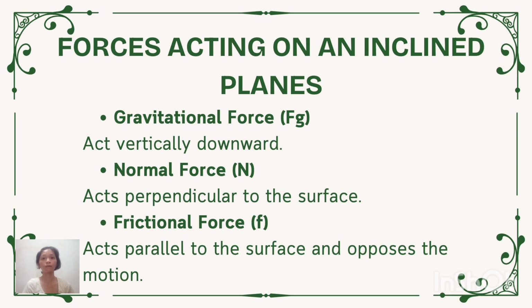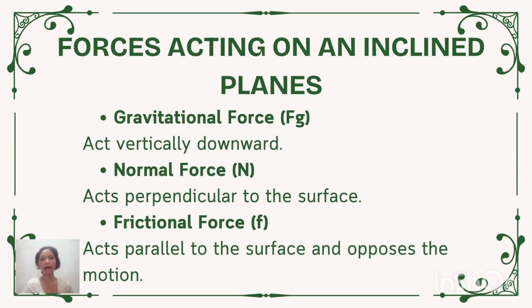The gravitational force pulls the object downwards, but the normal force is responsible for keeping the object from going through the ramp. Let's say this is a ramp, and gravity pulls the object down, while the normal force pulls up so that the object does not go through the slope or ramp.